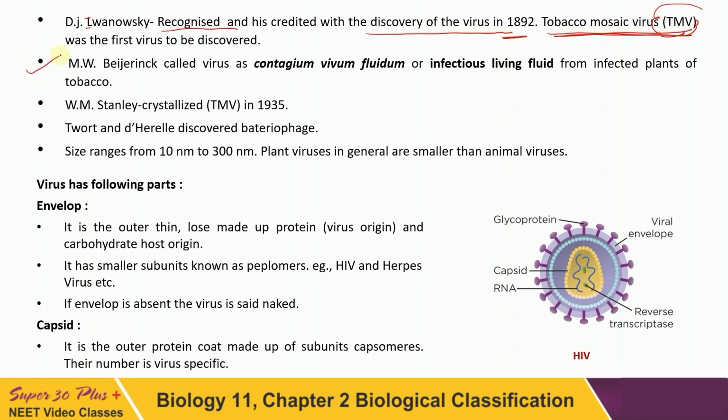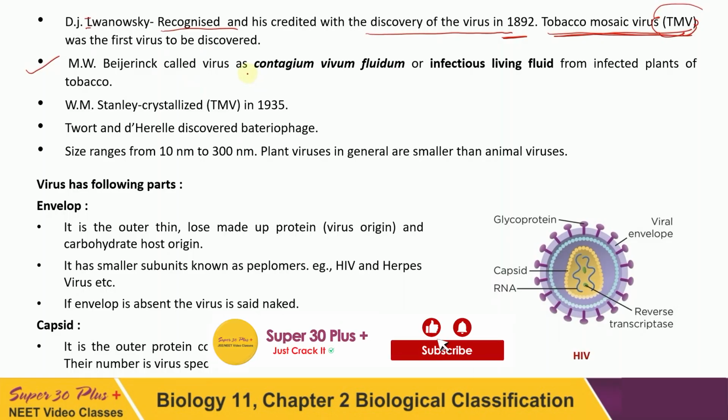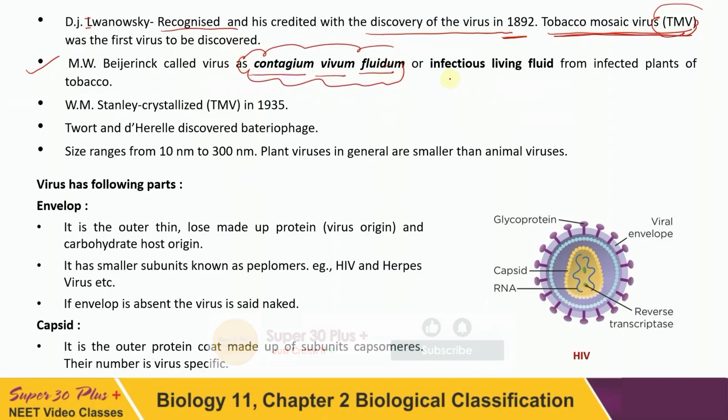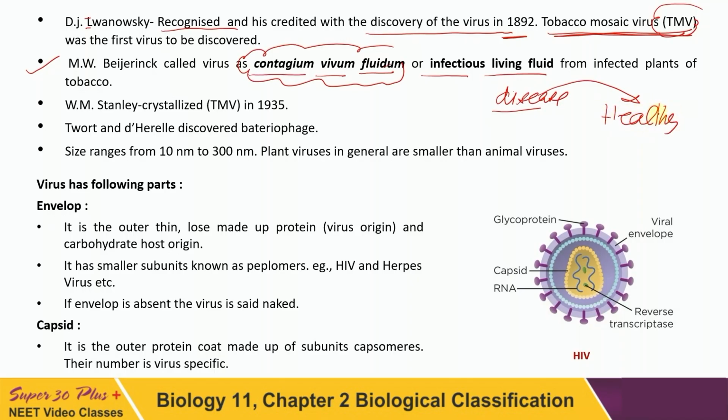The other important contribution is of Beijerinck. He called virus contagium vivum fluidum, by which we mean an infectious living fluid. That is, if the sap from a diseased plant is introduced into a healthy one, then this healthy plant will also be diseased.